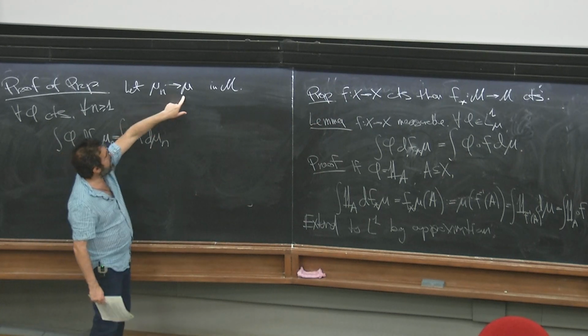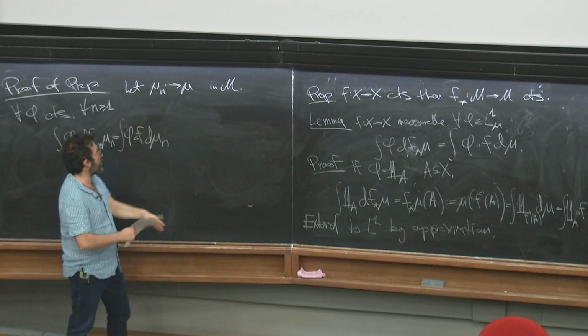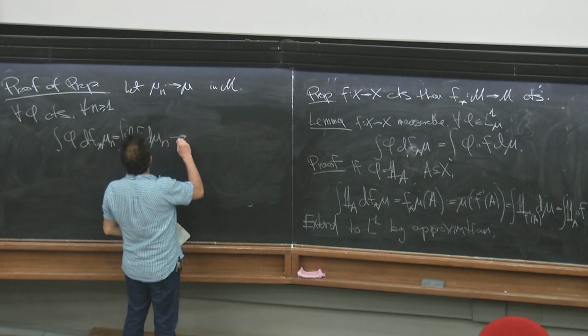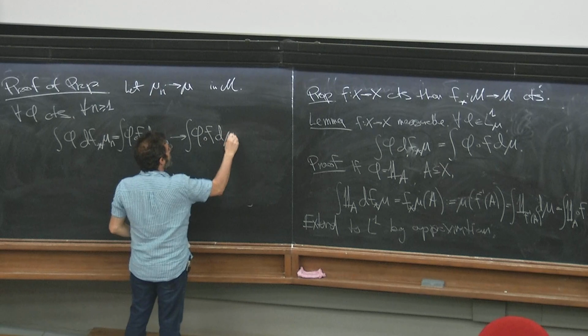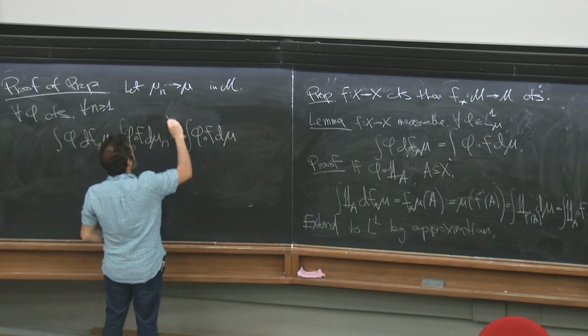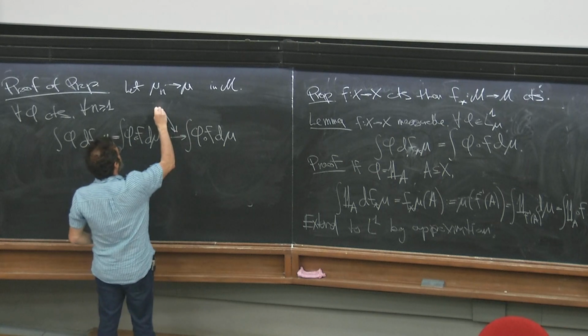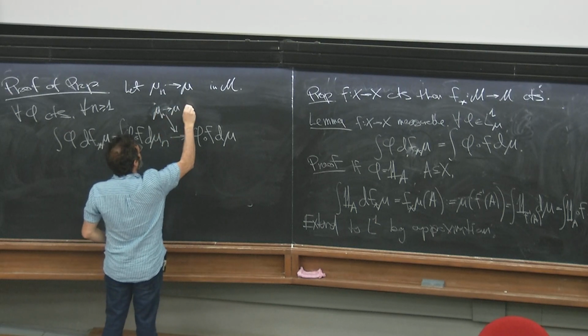Then by the definition of convergence in the weak star topology, I know that this converges to the integral of phi composed with f d mu. Right? So this is the definition, this is the fact that mu n converges to mu in the weak star topology.